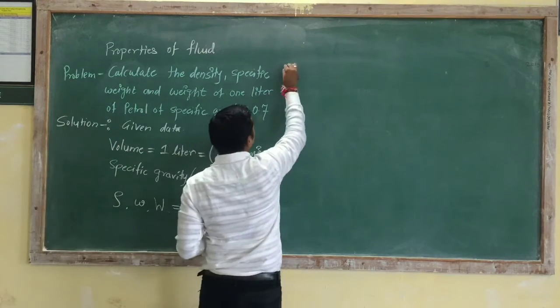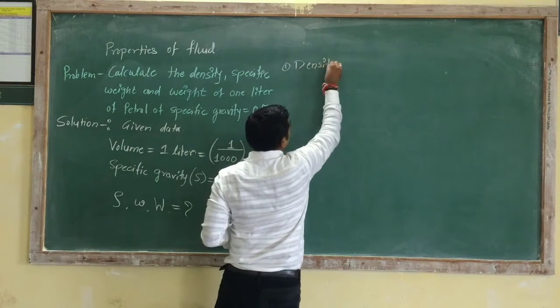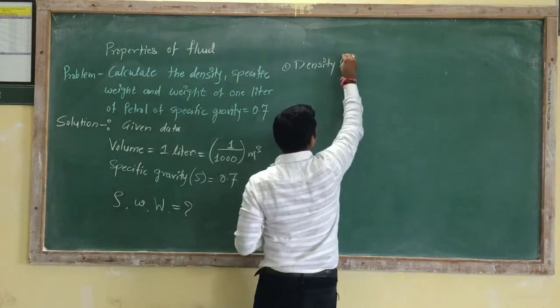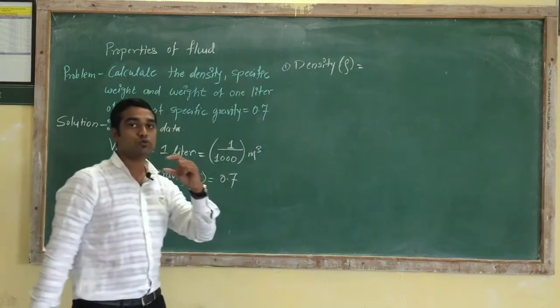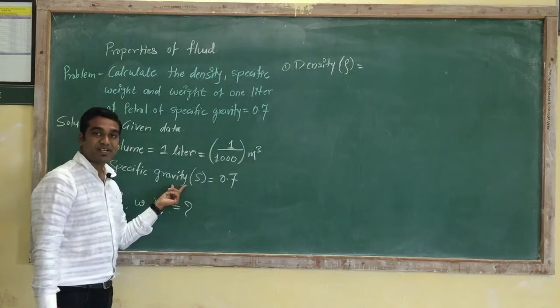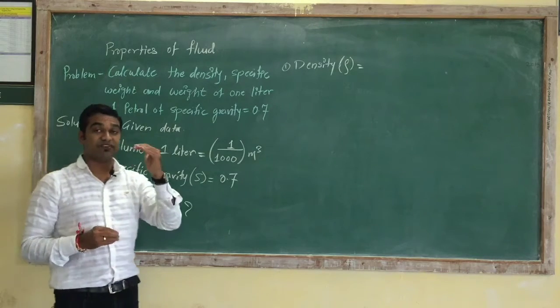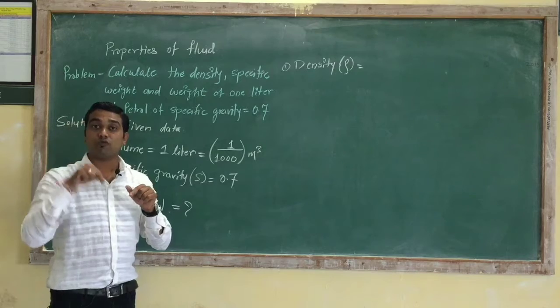First point, density rho is equal to, we have to go towards the relation between specific gravity and the density. Okay, specific gravity is equal to density of the liquid divided by density of the water.